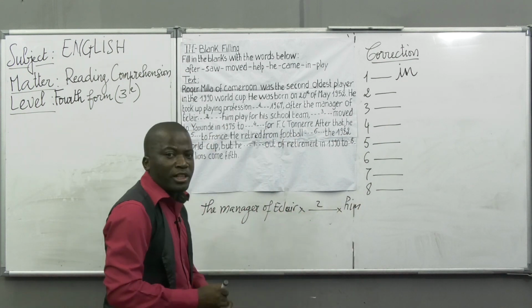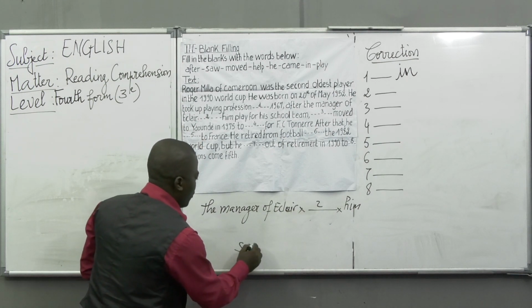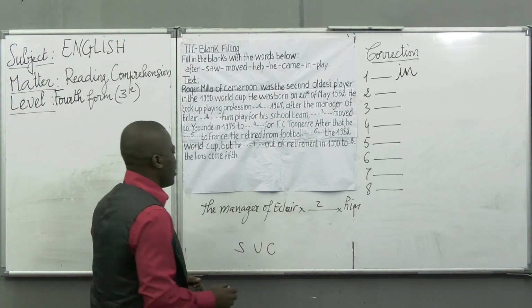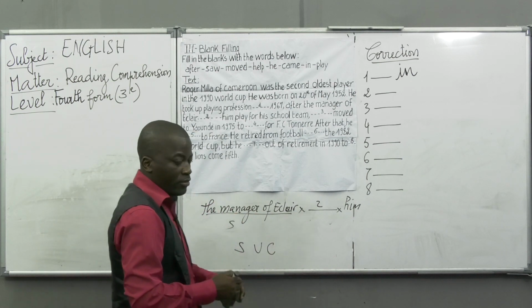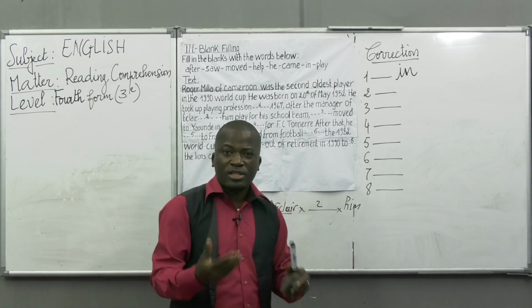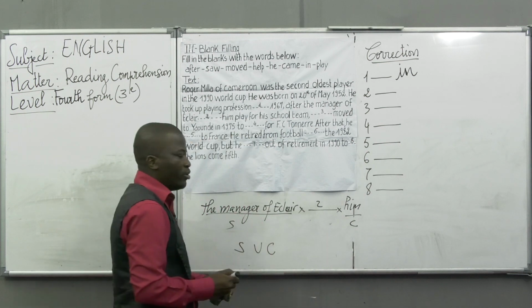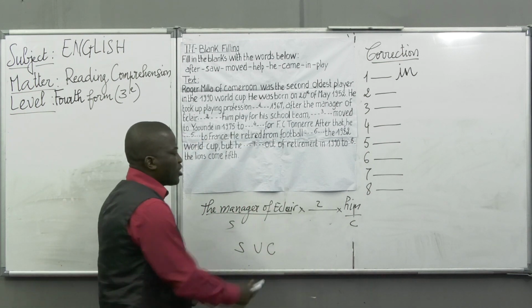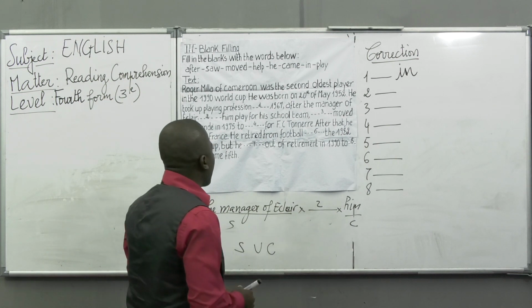Now, remember the word order that I gave you, class. Subject, verb, complement. Now, let's check it here. The manager of a club is the subject. Now, him is a complement. Good. What is missing in the middle? A verb. Now, which verb will you take from the list?